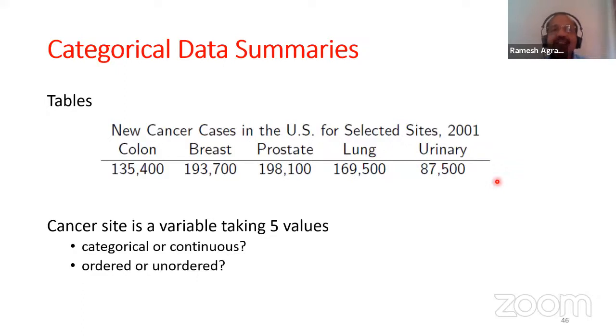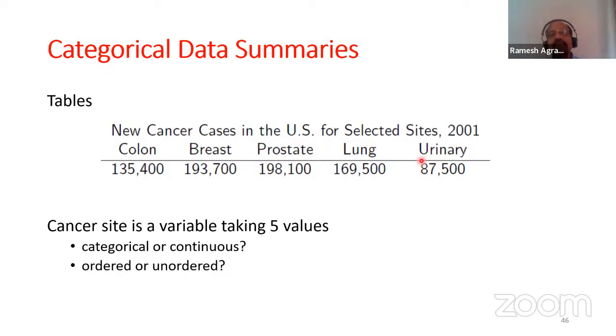From the data, they have given summarized information that there are 5 types of cancer cases in the US during 2001. The number of colon cases were around 135,400, while breast cancer cases were around 193,700, prostate 198,100, lung 169,500, and urinary 87,500.